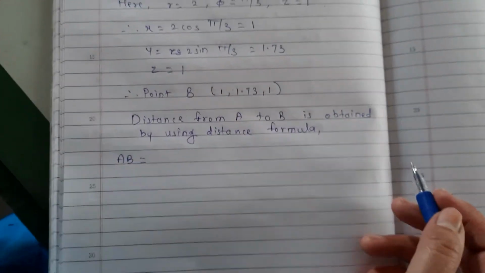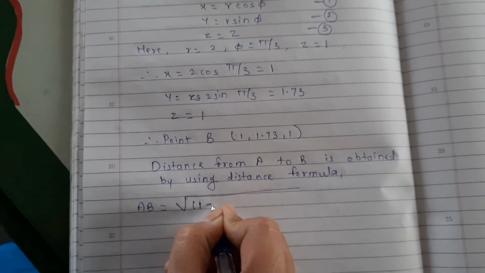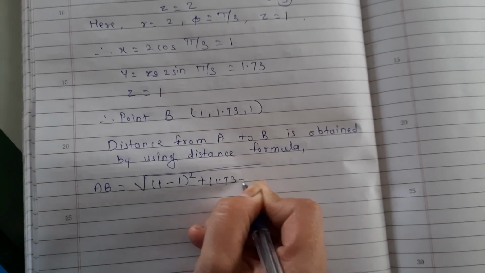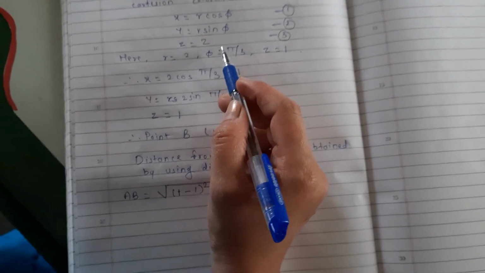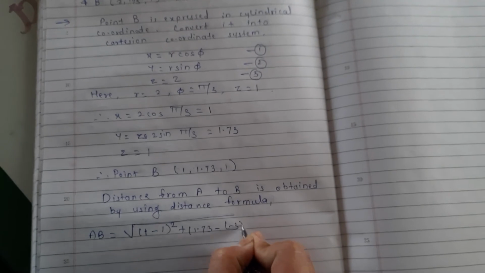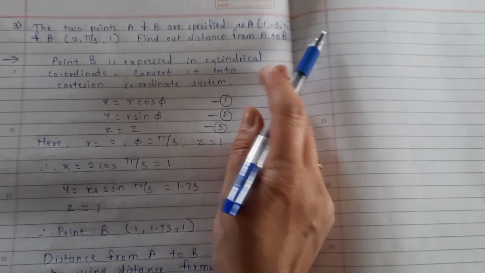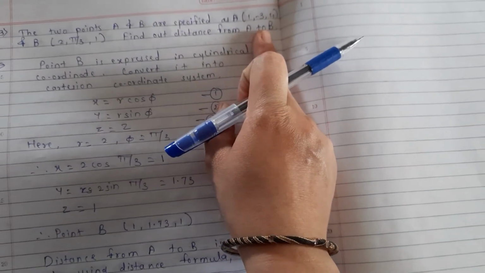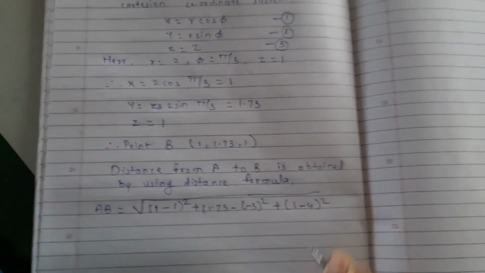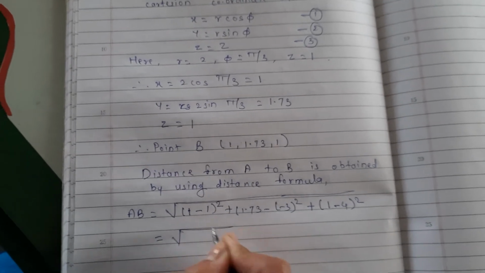B minus A, square root of (1 minus 1) squared, plus the value of B is 1.73 minus of minus 3, squared, plus (1 minus 4) squared. So it is 0.